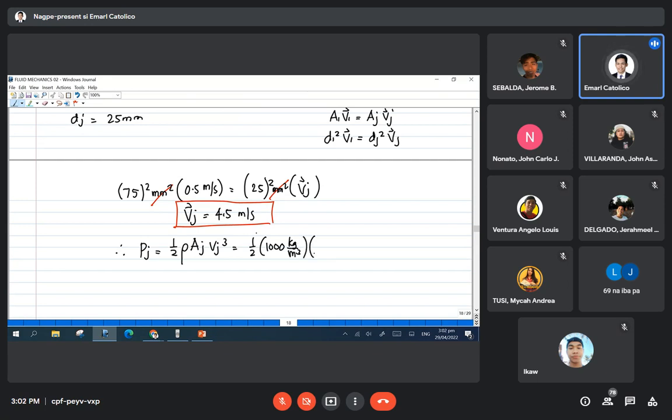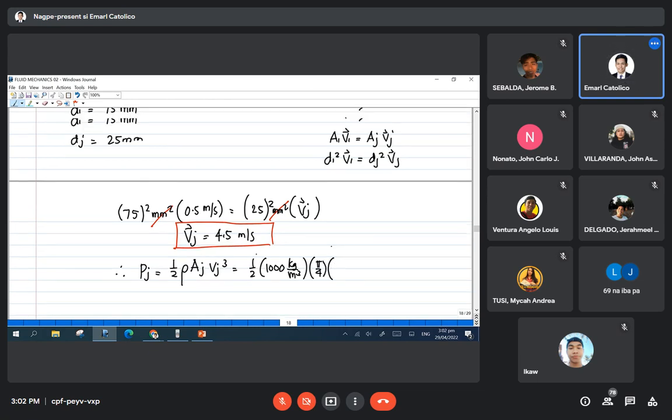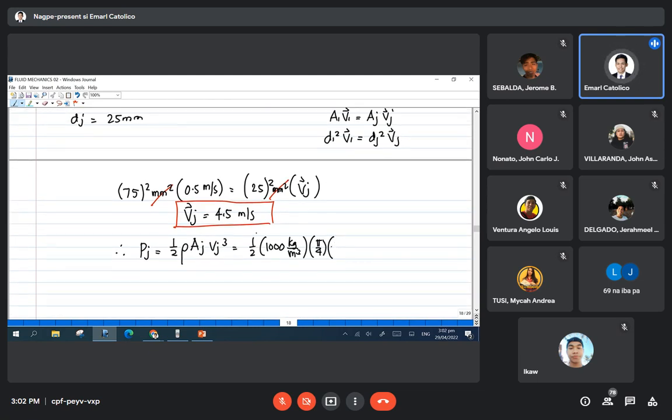Area natin is pi over 4. DJ is 25, divide natin ng 1,000 para in terms of meters na siya, squared, meter squared. Velocity ng jet natin ay 4.5 raised to 3, meter cube per second. Cancellation of units.